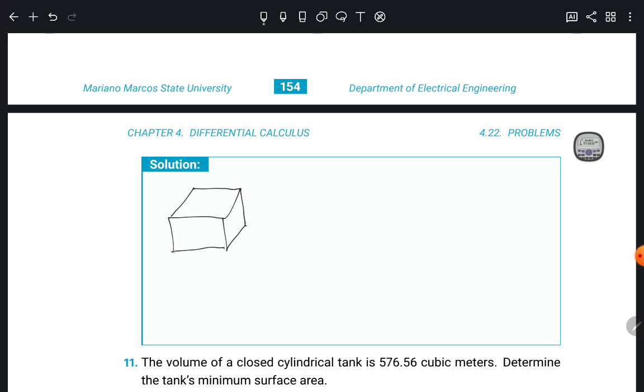So we can assume that there's nothing at the top of the box.